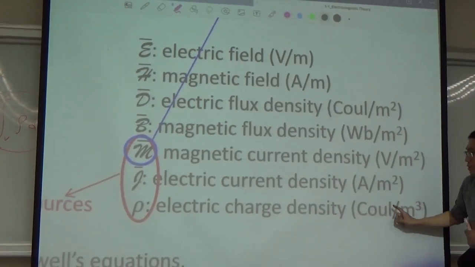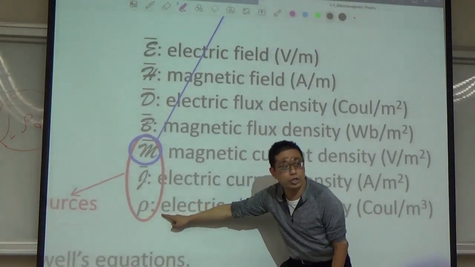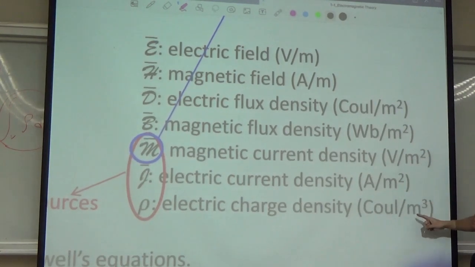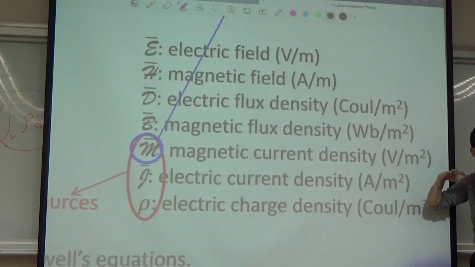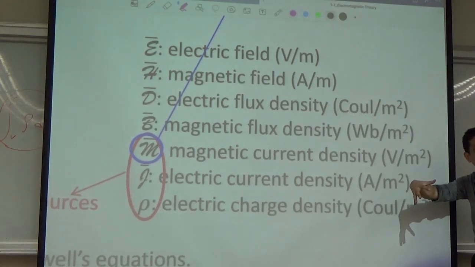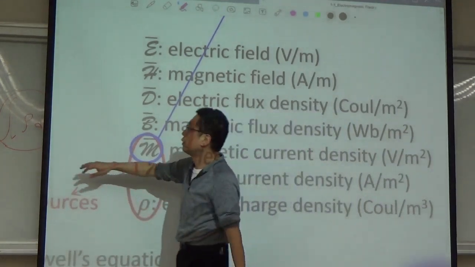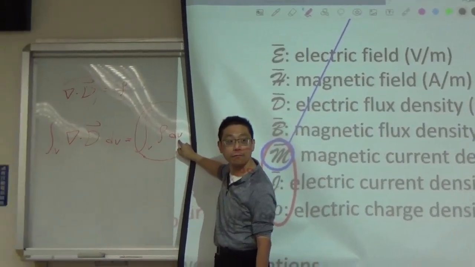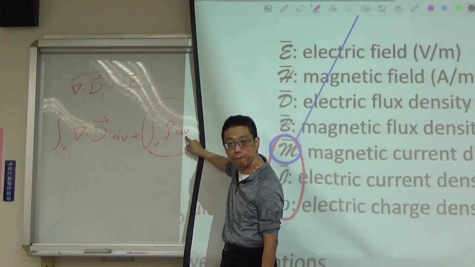Okay. This is the electric charge density volume. How many charge divided by the volume? Volume 是体积，你知道哈？Volume. Okay, volume. So if you integral this one to V, your volume, V is not velocity, 不是速度哦，是体积哦。Volume.